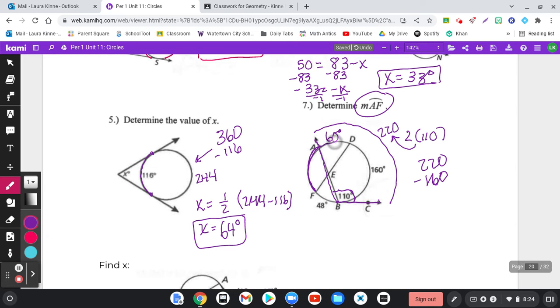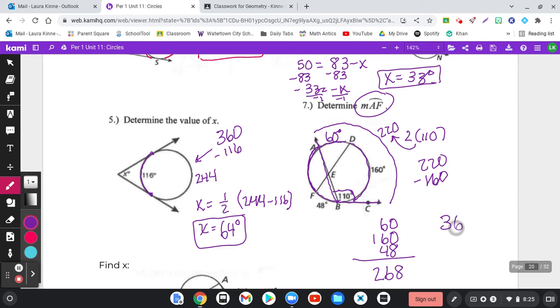So now if you look, you have 60, 160, 48. Add those up and subtract from 360 to find the missing one. All right, so 60, 160, and 48 gives us 268.